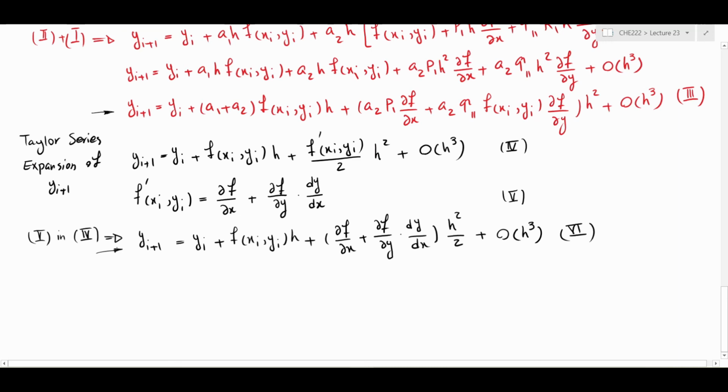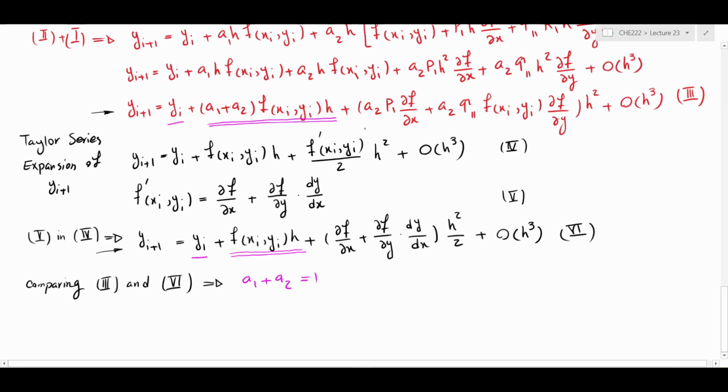So if I compare these two equations term by term, I can see that they both have yi, which is the first term. Then in equation number 3, I have a1 plus a2 times f of xi and yi times h. And in equation number 6, I have f of xi and yi times h. So the first conclusion is a1 plus a2 is equal to 1.